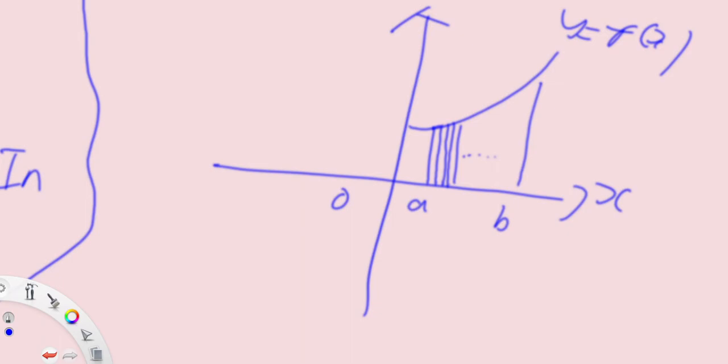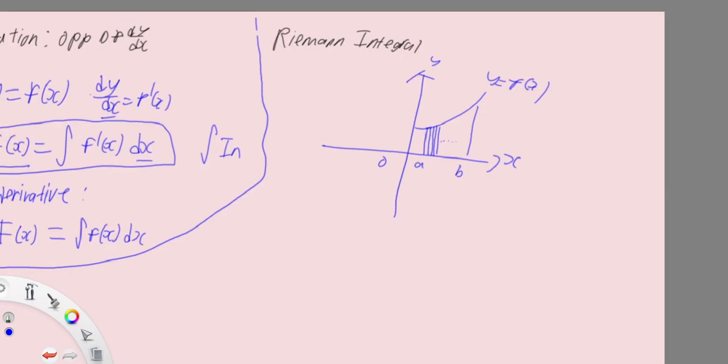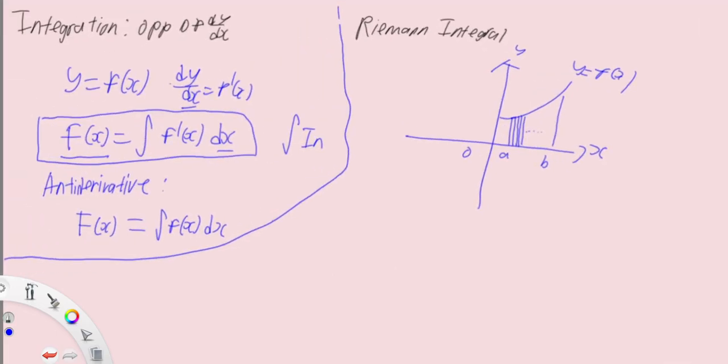And if you take the sum of these rectangles, it would eventually give us the area underneath the graph from point A to point B. And this is the whole core idea of integration. In layman's terms, and to put it loosely, this is also the reason why integration is the opposite of differentiation. In differentiation, we're looking at the gradient between 2 points, so we are involving a difference.